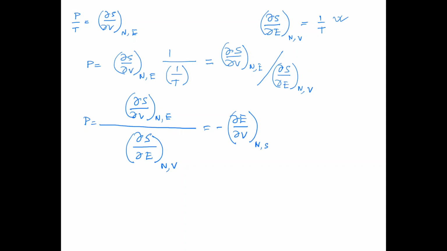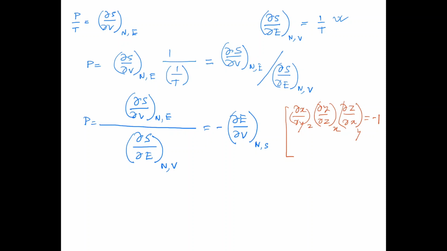To obtain this result, we are using the well-known result of partial differentiation, which is dou X by dou Y at constant Z into dou Y by dou Z at constant X into dou Z by dou X at constant Y is equal to -1.